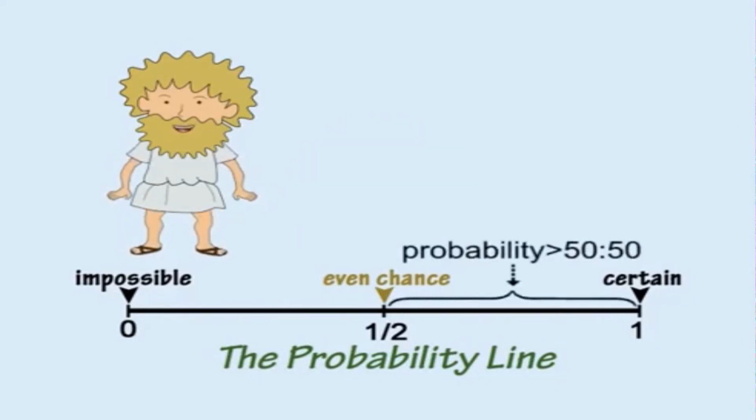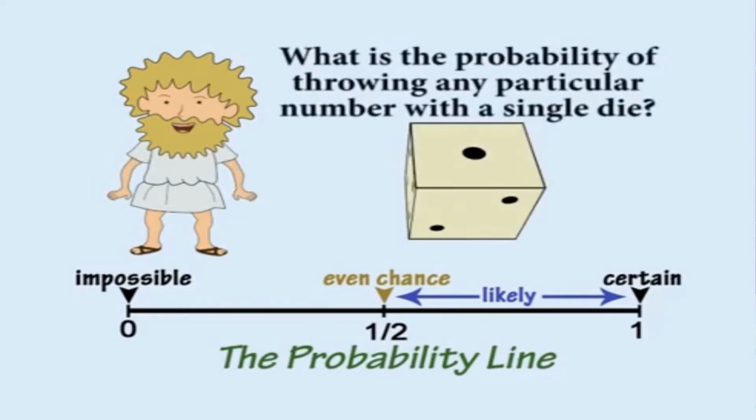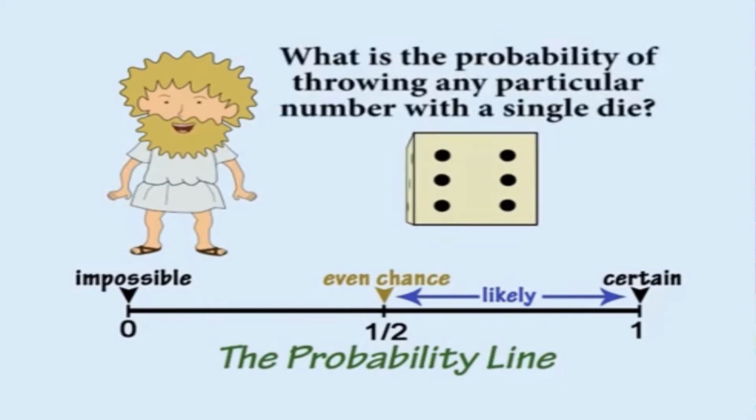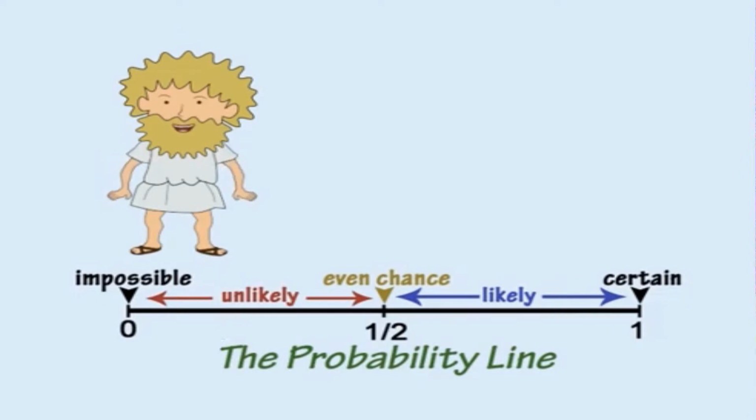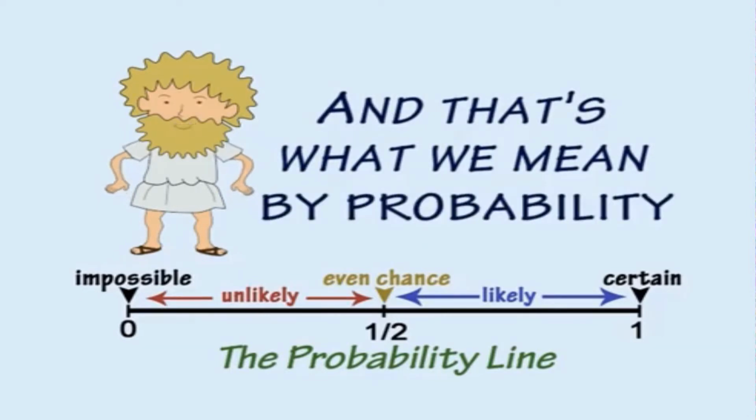If the probability is greater than 50-50, then the likelihood of an outcome's looking good. When you throw a single die, no matter what you pick, the chance of getting any number's only 1 in 6. And that's what we mean by probability.